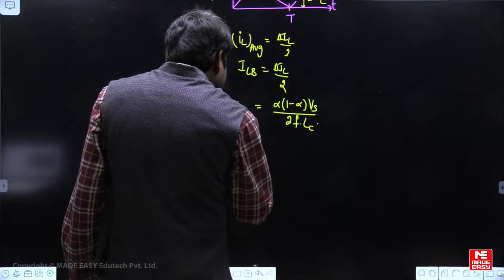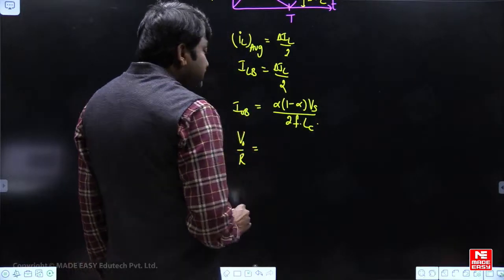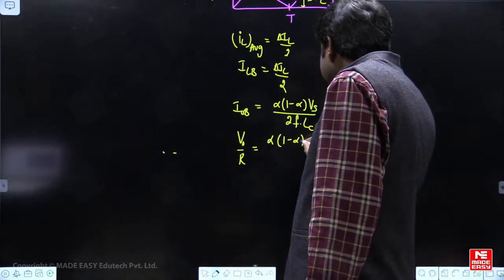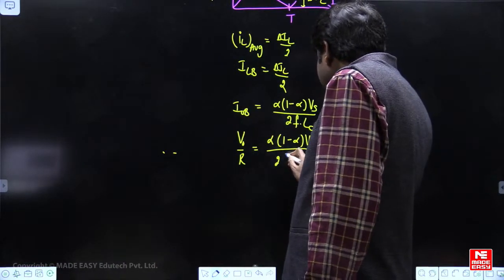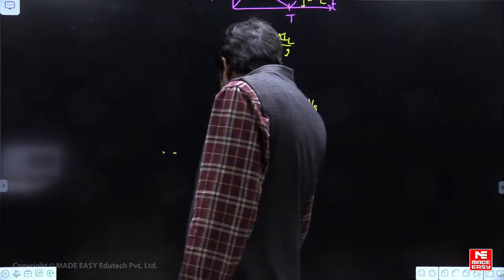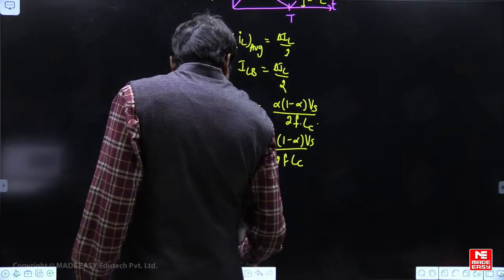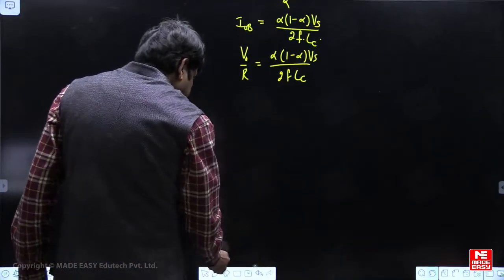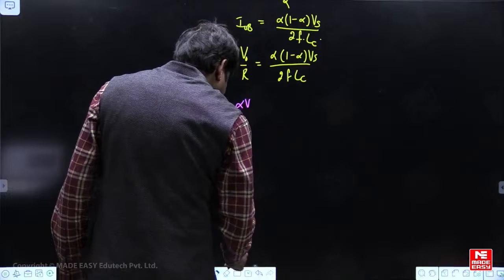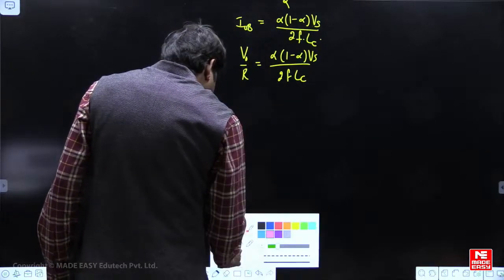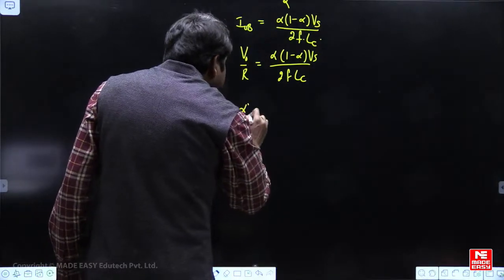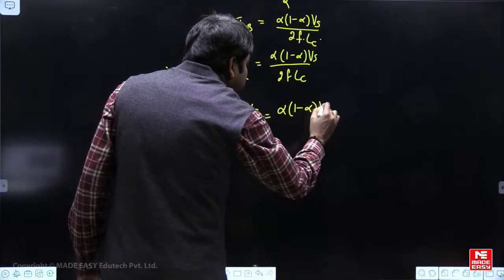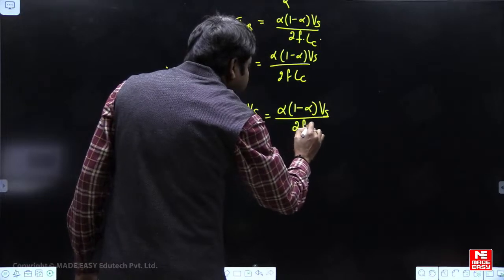I naught can be written as V naught by R, where R is the load resistance. Okay. So on the right-hand side, alpha into 1 minus alpha into Vs by 2 into F into Lc. Here V naught is equal to alpha Vs. So alpha Vs by R is equal to alpha into 1 minus alpha into Vs by 2 into F into Lc.